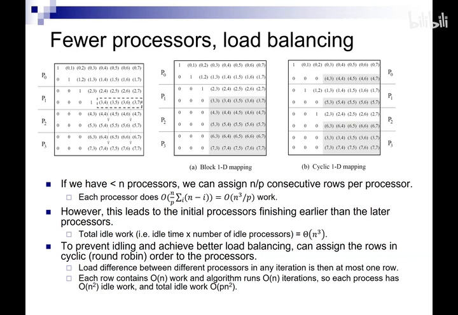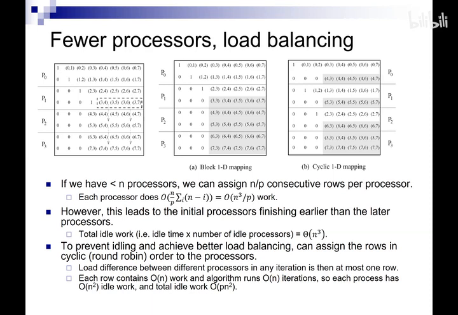Now, each row has order n work, and in total we run for order n iterations, or order n cycles. Therefore each process can have at most order n squared idle work, because it can be idle for order n iterations, and each iteration has order n work.